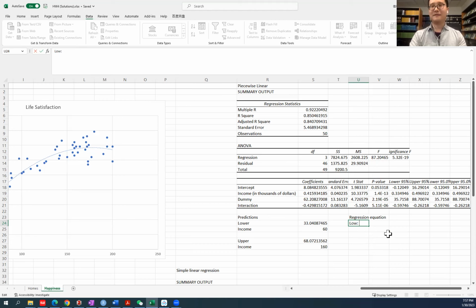Okay, intercept is equal to 8.0 plus income, right? And there's also a term for the dummy variable, but the group dummy variable would equal 0. Now let's work on the interaction term.